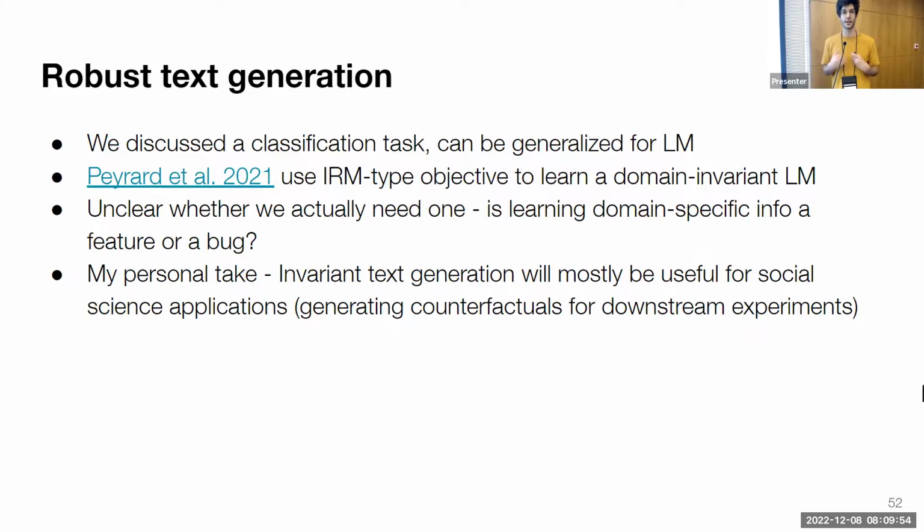One way that we as NLP people can help political scientists with this problem is that if we can build a language model that does not use style to generate text, or can generate text in a style-invariant way, then we can give those two examples. We can take a speech from some political candidate, generate a counterfactual where there's no style-specific information, and then take those two examples and see how they affect people in the real world.